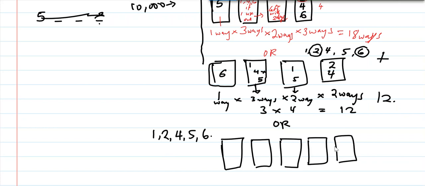But still, we want it to be an even number. So now, if I use the even numbers here, 2, 4, 6, right? The numbers over here can be 1, can be 2, can be 4, can be 5, can be 6.